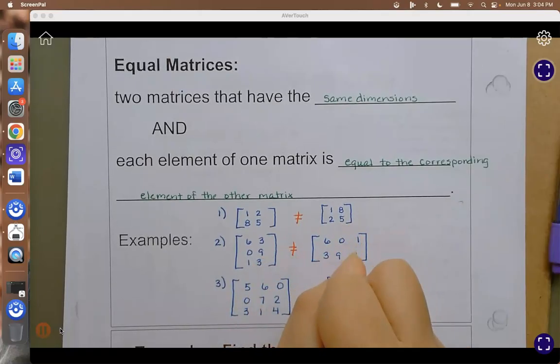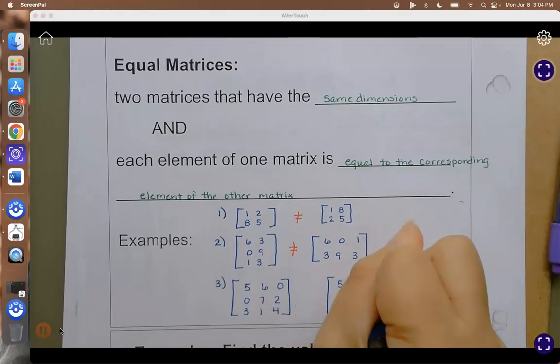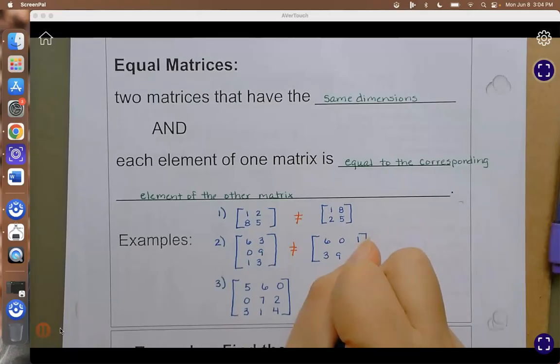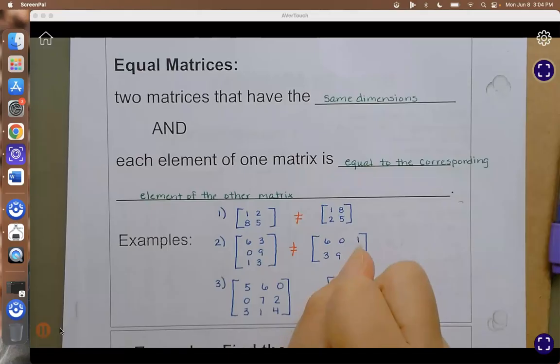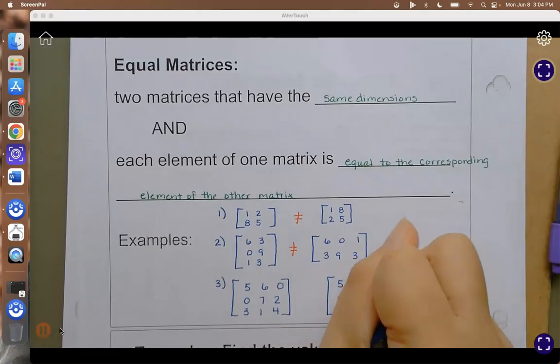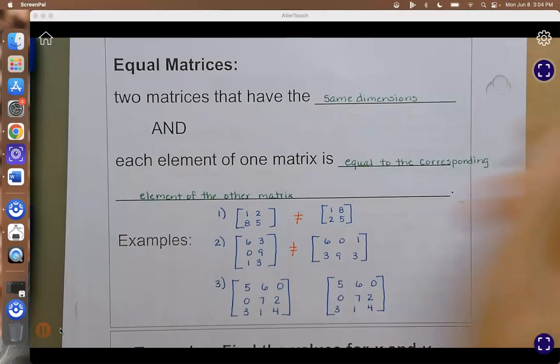Then over here, first row is 5, 6, 0. Second row is 0, 7, 2. And the third row is 3, 1, 4. These are identical. All the pieces match up. They're the same size. So these two are equal.